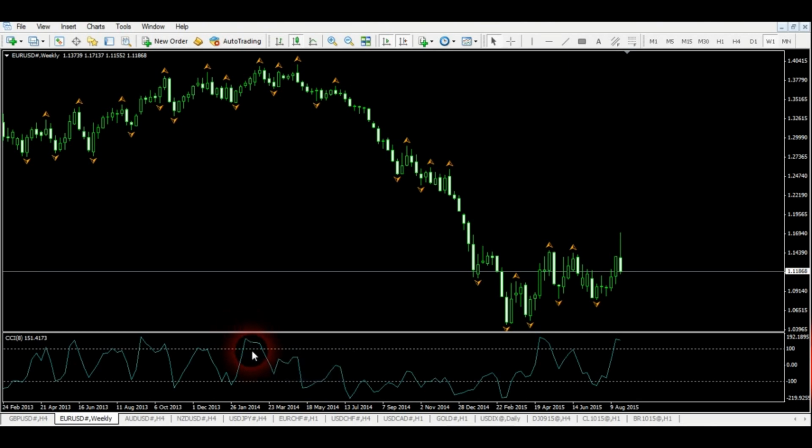So many people say don't wait, and they just do their position in this zone. For buying positions, when this line is going down and is under the negative 100 and is forming a hook, you can do the buy position and close the target on the line that is going upwards.